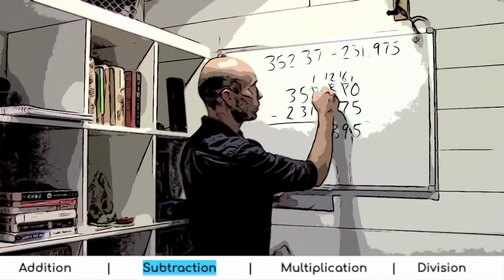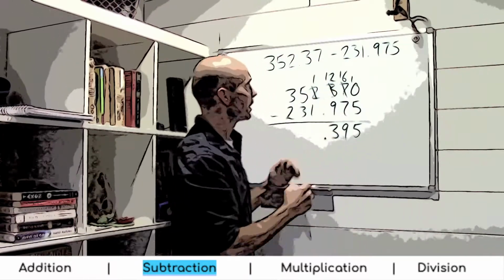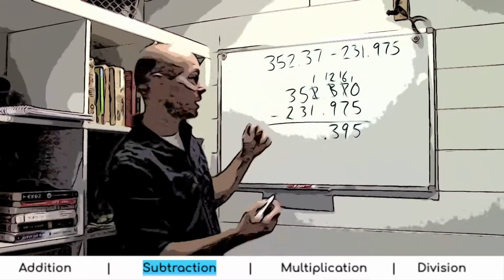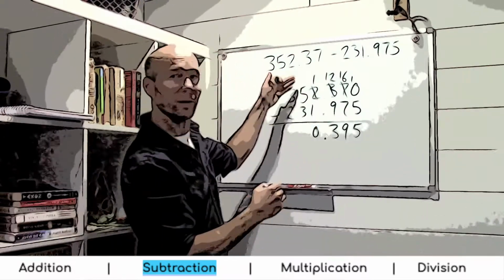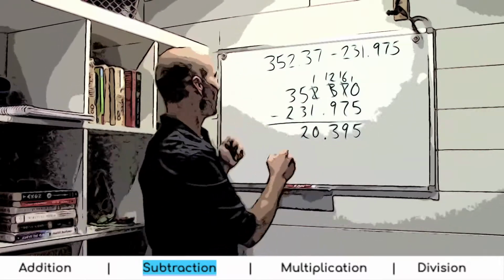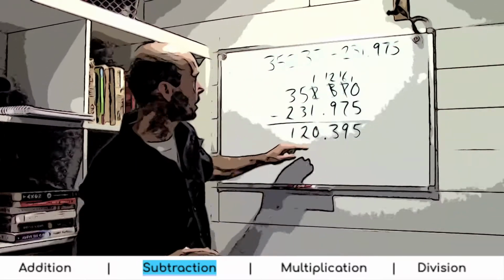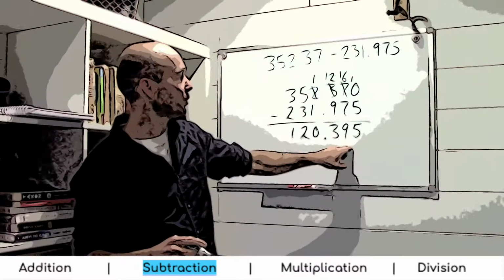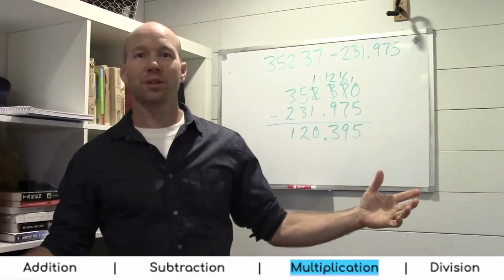I'm going to bring my decimal down, and now I can do 1 minus 1 is 0, 5 minus 3 is 2, and 3 minus 2 is 1. I get 120.395.